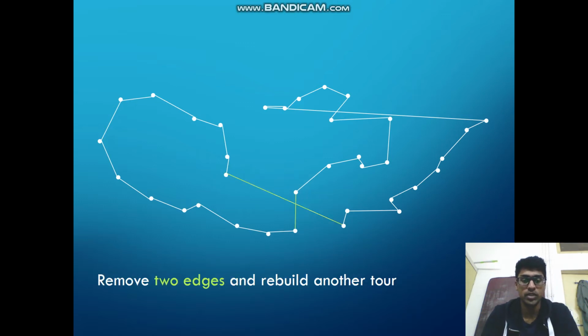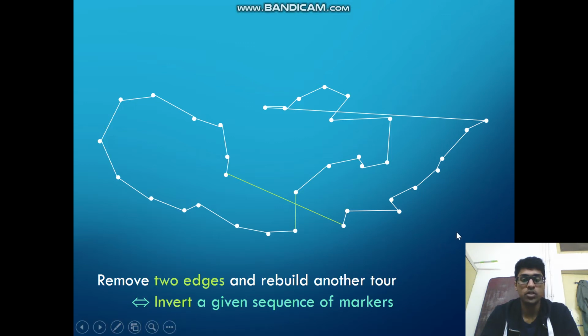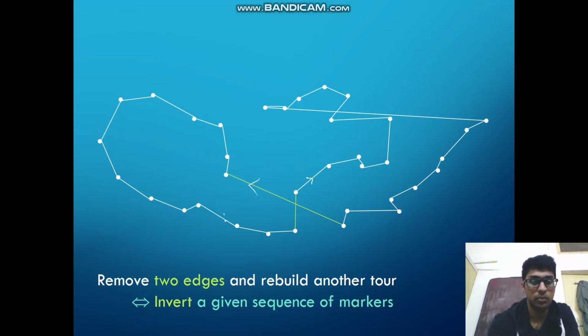We'll remove these two edges and rebuild another tour, which is equivalent to inverting a given sequence of markers. What this means is that, let's say we travel this in this direction, we went over here, and we travel this in this direction, and we came over here.